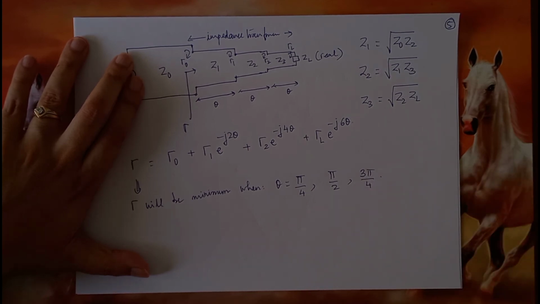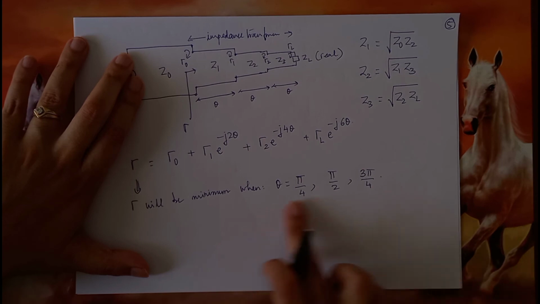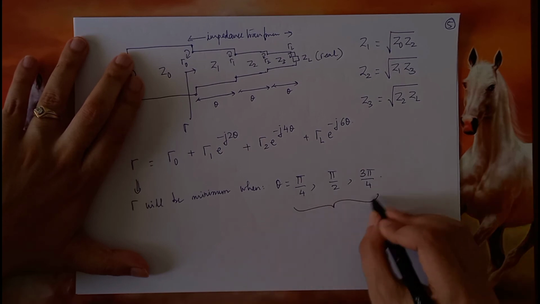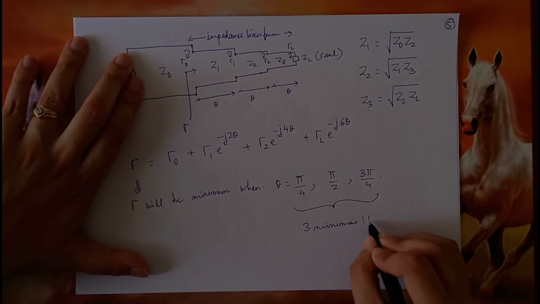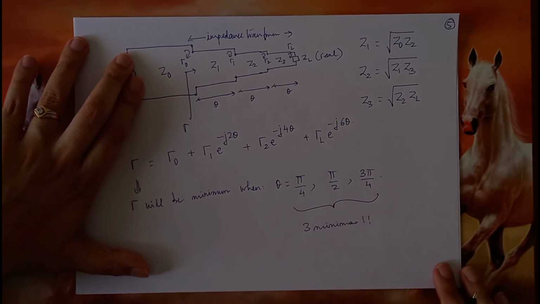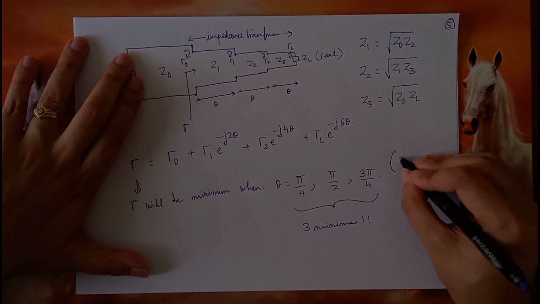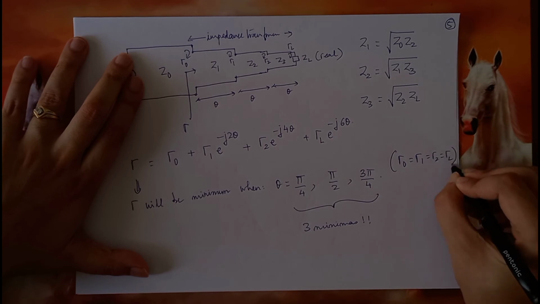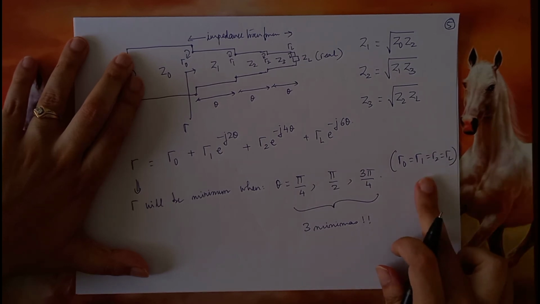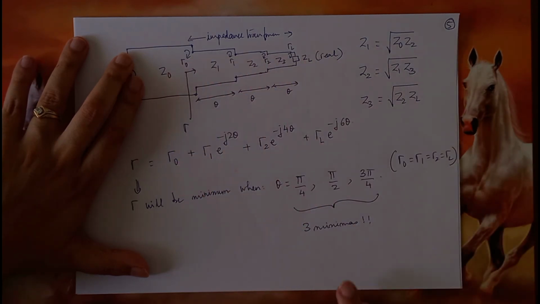So what we see is that now there are three minimas. Again, all the gammas must be equal. This condition does not change. All the individual gammas have to be equal.